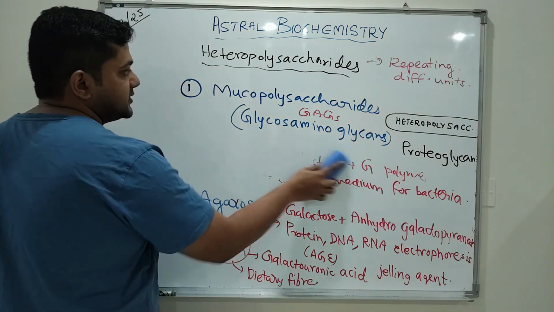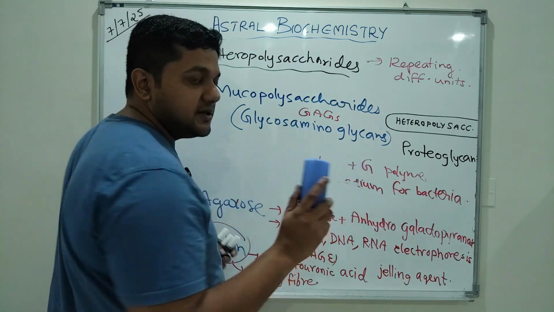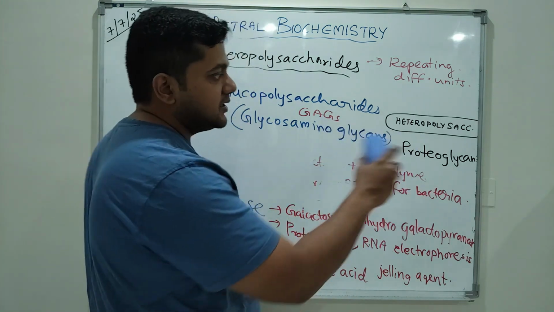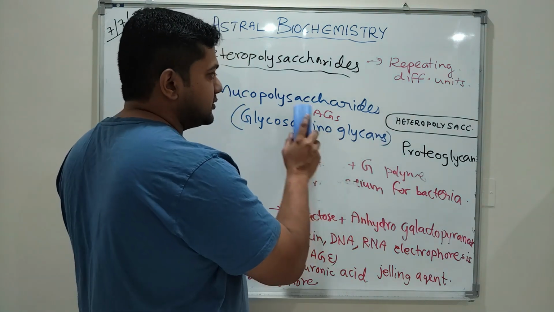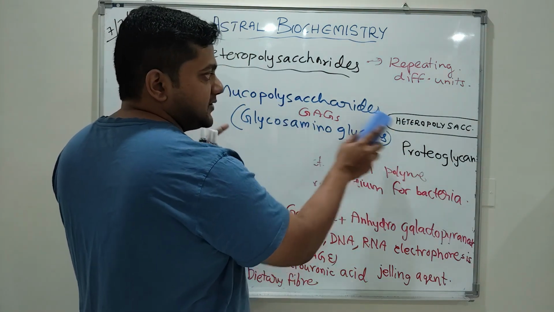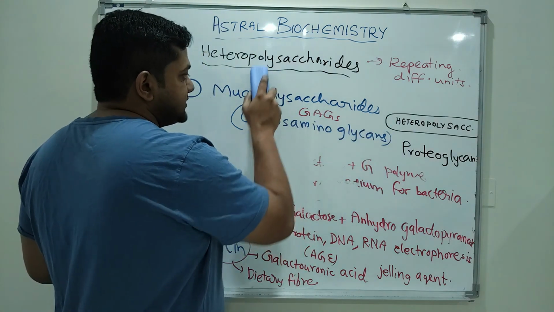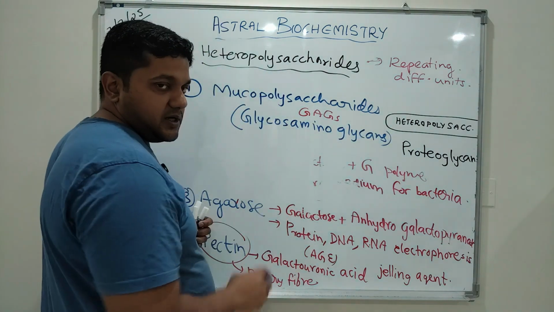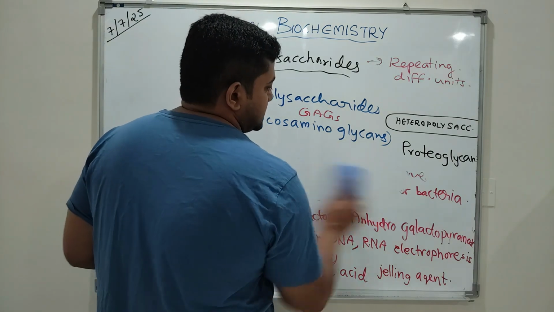So we'll focus our discussion on mucopolysaccharides or GAGs. In my last class, towards the end, I said mucopolysaccharides are a synonym of heteropolysaccharide. That is wrong. Heteropolysaccharides are many, these all are heteropolysaccharides, and the first one is this. Must be a slip of tongue, sorry.